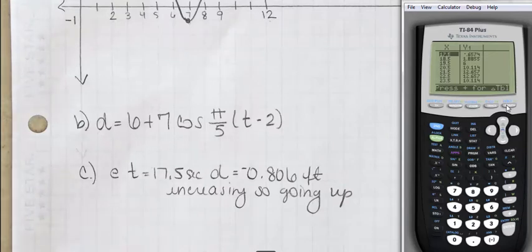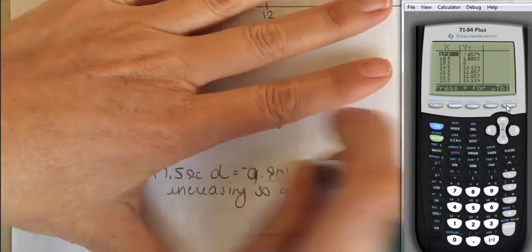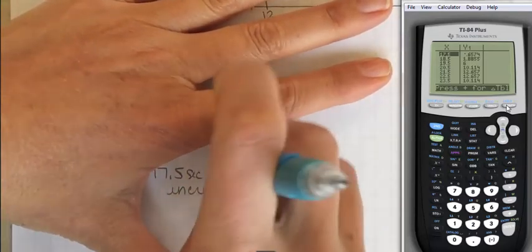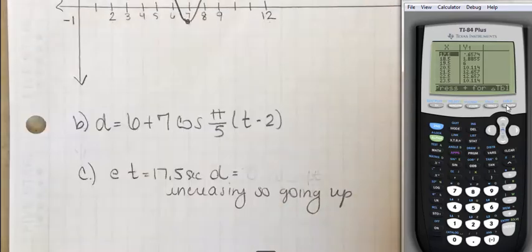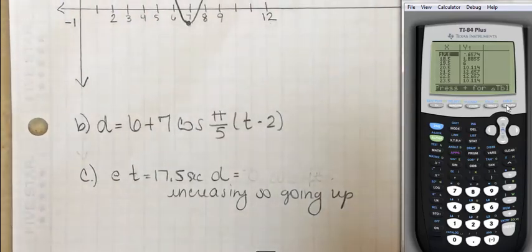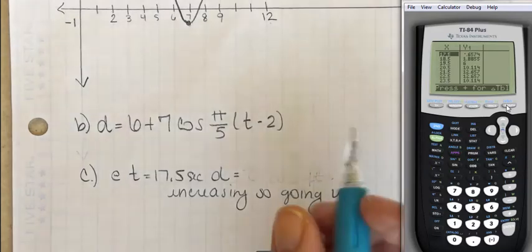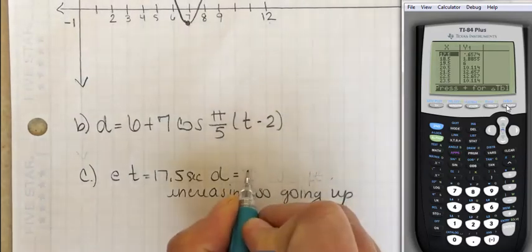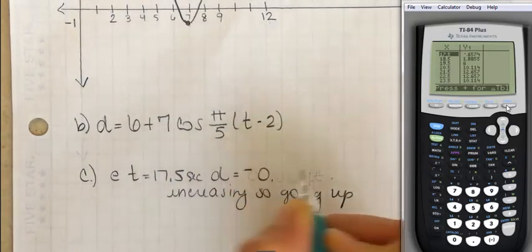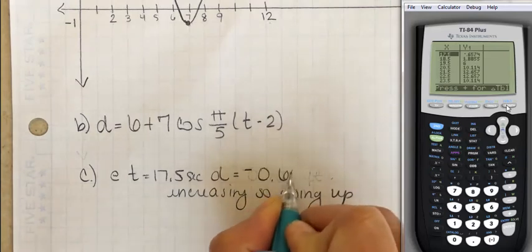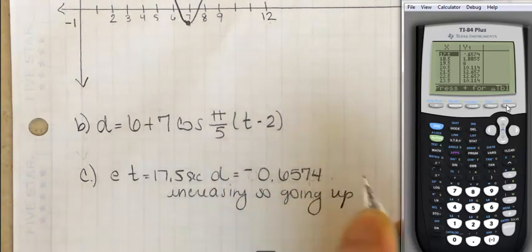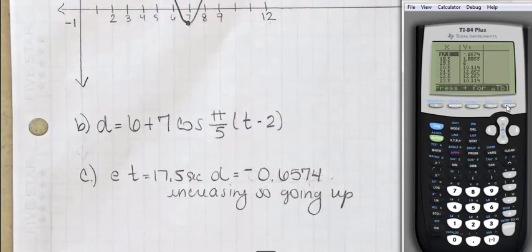So it's probably a good idea to double check on your table. And I cannot explain why there is a discrepancy. It's not much, but it's enough. Okay, and if we were dealing with millions of dollars, that could make a huge error, right? So it's actually negative 0.6574.